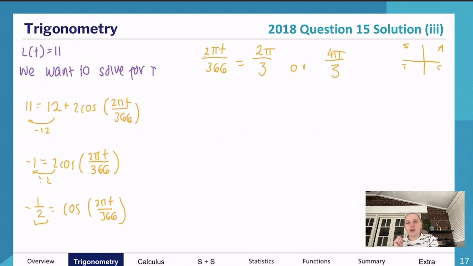Super, super important you remember that it could equal either of these things because there are 2 quadrants in which cos is going to be negative. Okay, so important that you guys remember that cos is going to be negative here and here. Because if you only remember one of those angles, you're going to end up with only one answer.